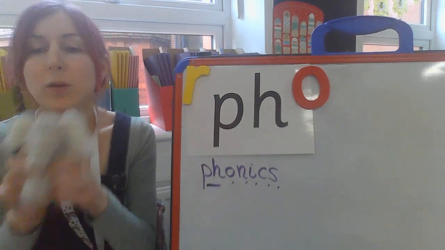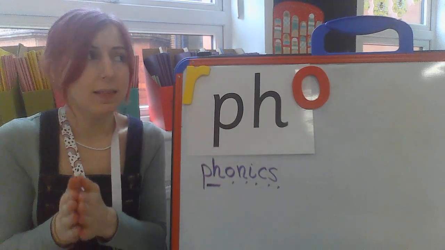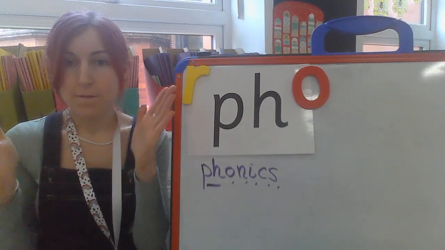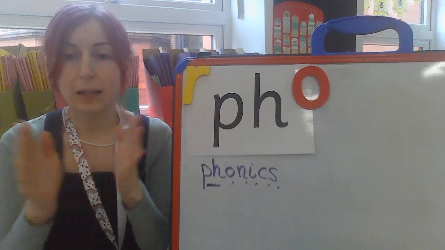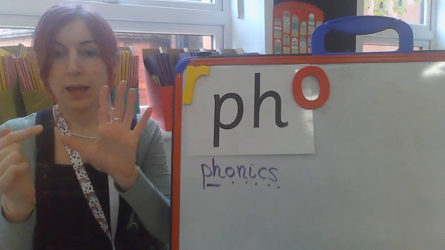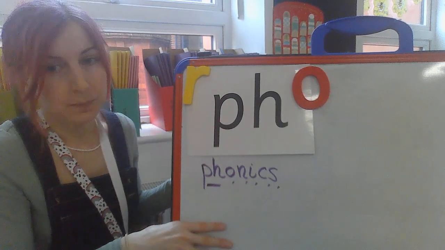Okay, the next word I want you to try and write is elephant. This is a really long one. Let's listen to how many chunks this has got. L-E-F-A-N-T. So you're going to want to break that up into 3 chunks. L-E-F-A-N-T. E-L-E-F-A-N-T. Elephant. Okay.